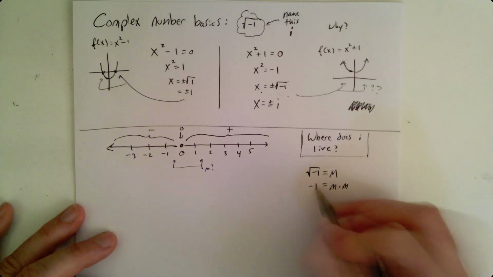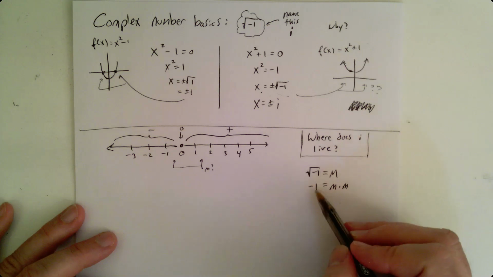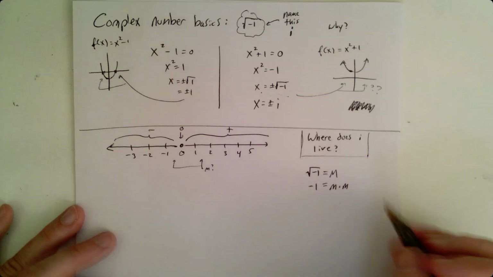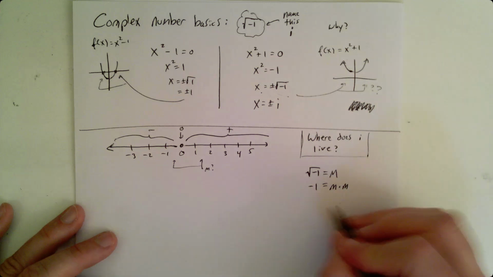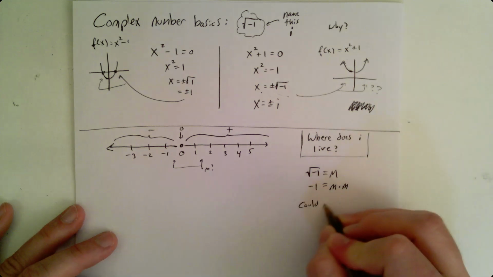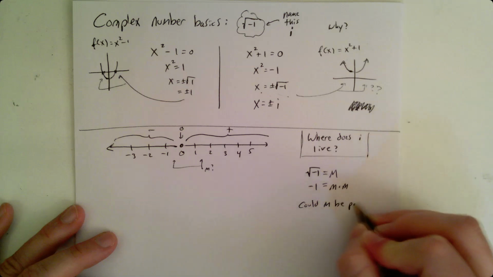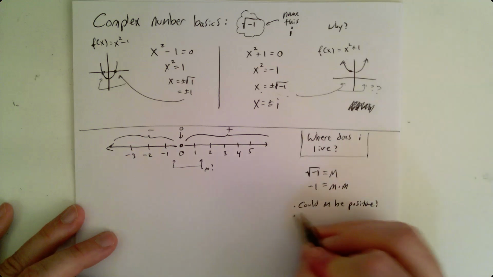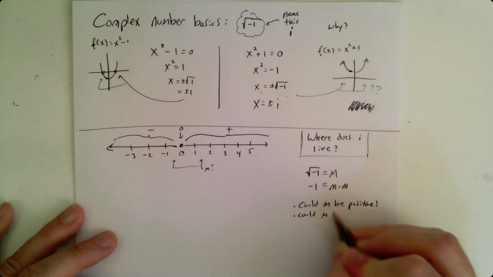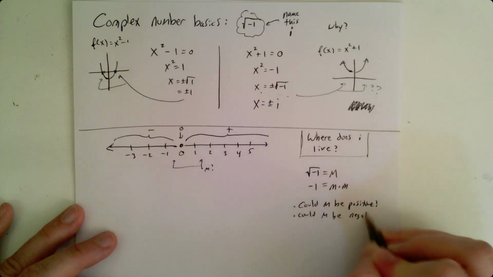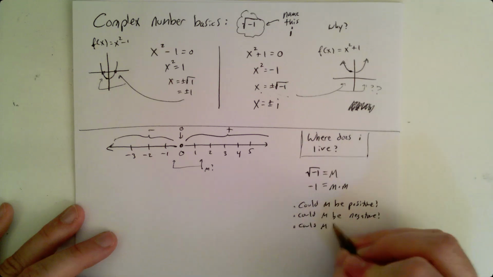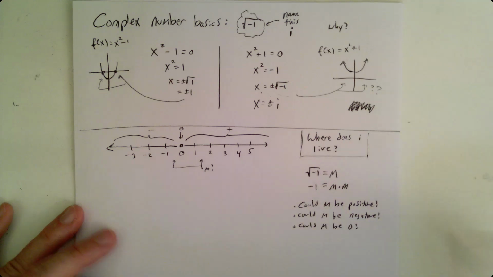So square root of negative 1 squared becomes negative 1. m squared becomes m times m. So we want to know, what could m be? Could m be positive? Decide right now in your mind, why or why not. Could m be negative? And could m be 0? See if you can come up with an argument for each one of these questions.